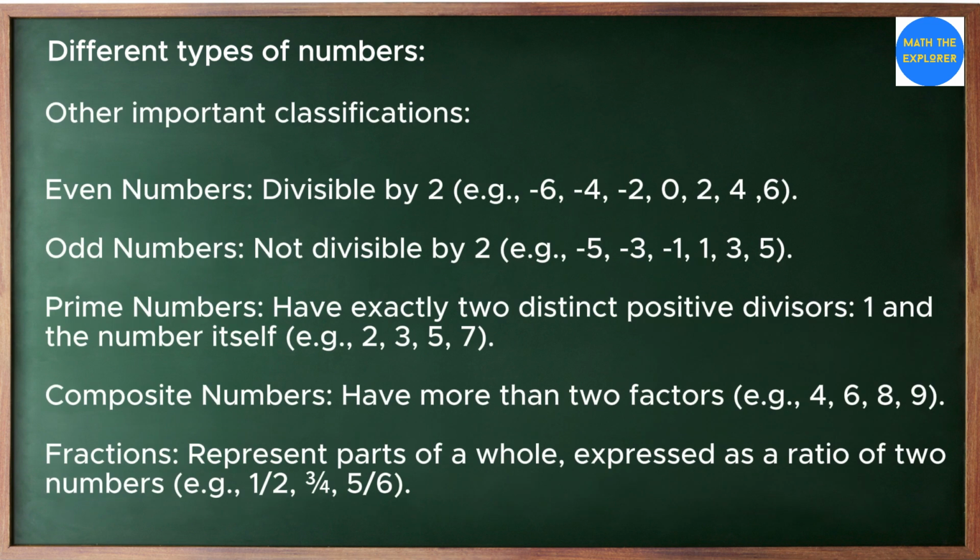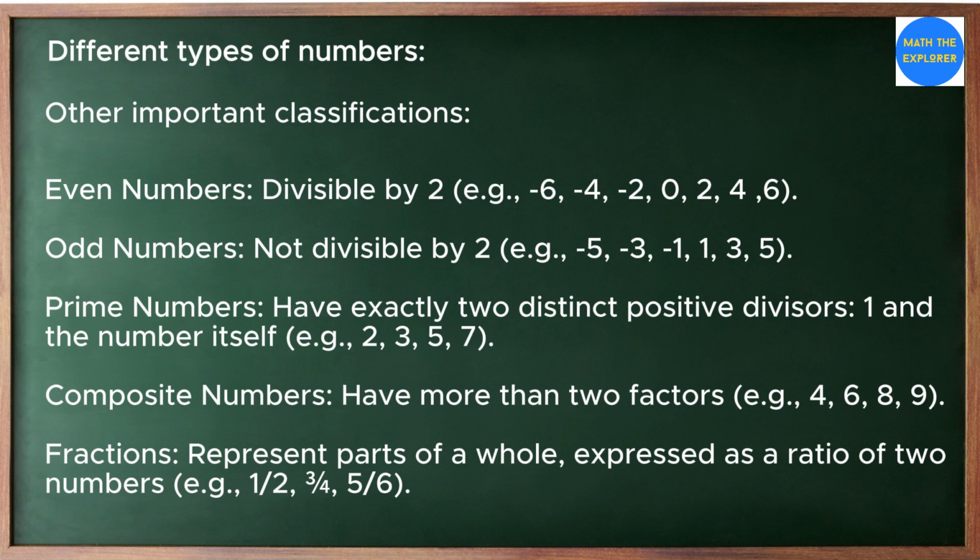Lastly, other important classifications. Even numbers, divisible by 2, for example, -6, -4, -2, 2, 4, 6. Odd numbers, not divisible by 2, for example, -5, -3, -1, 1, 3, 5.